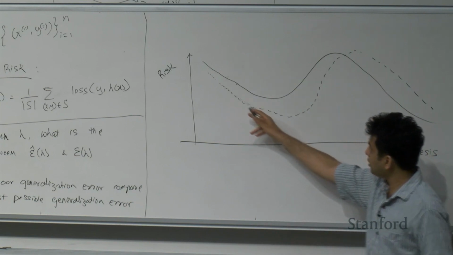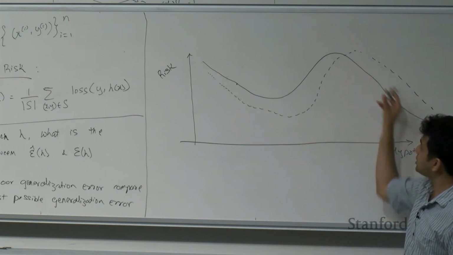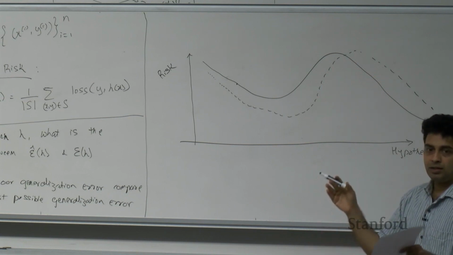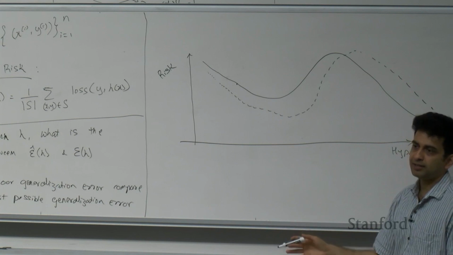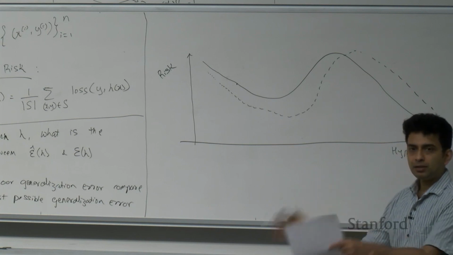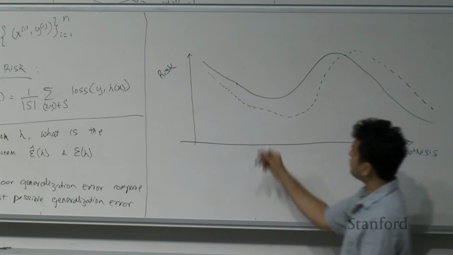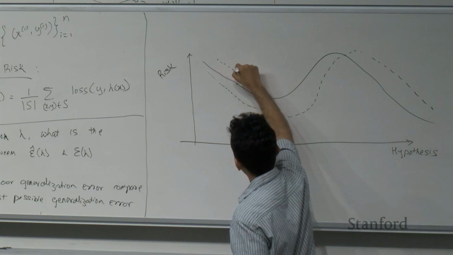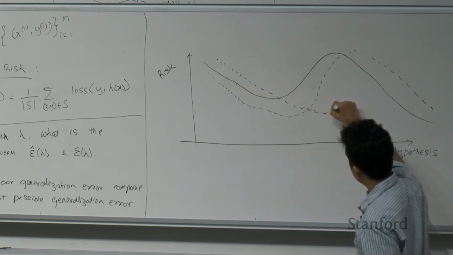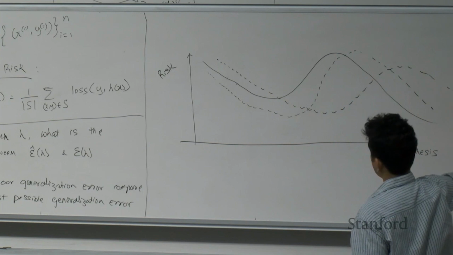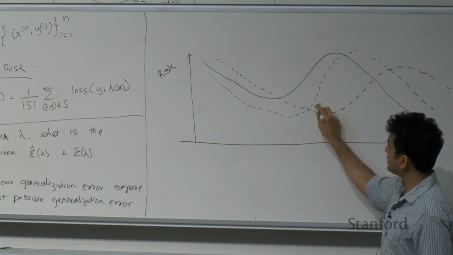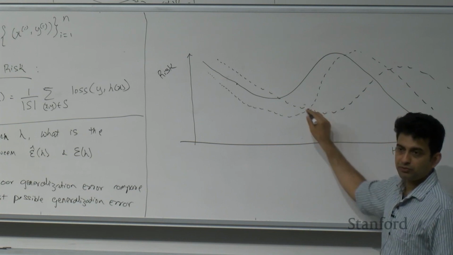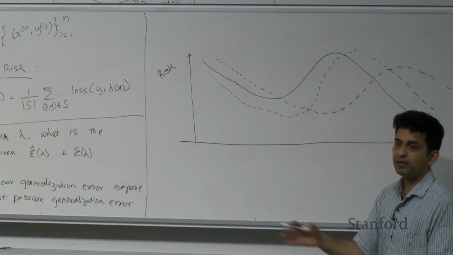Now, this particular risk function is specific to the one training set that we have. If we take another training set of the same size, that might give us a different risk function. So think of these two as examples of risk functions or loss functions that we get from two different training sets.